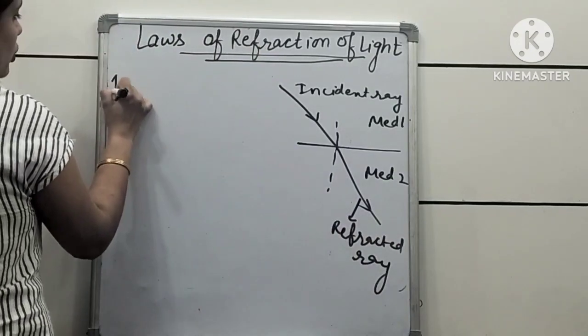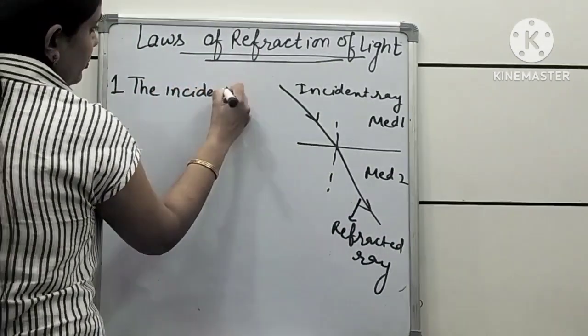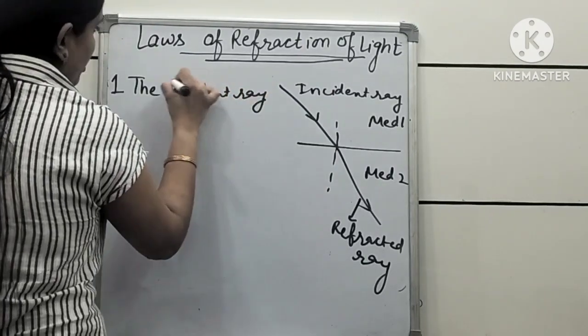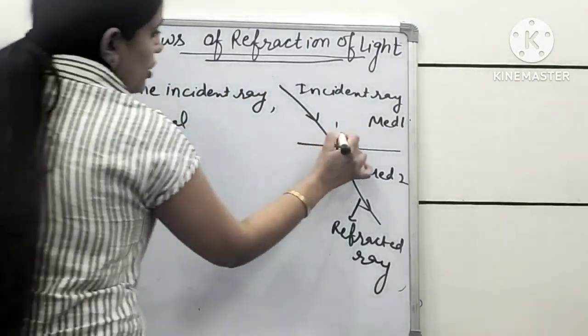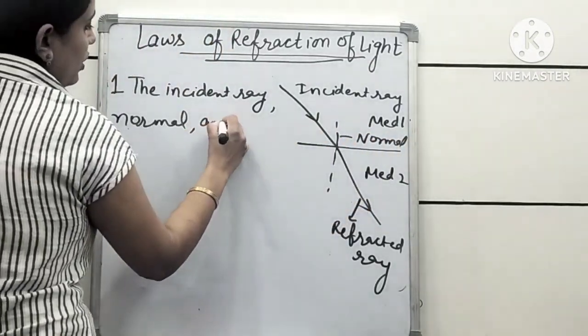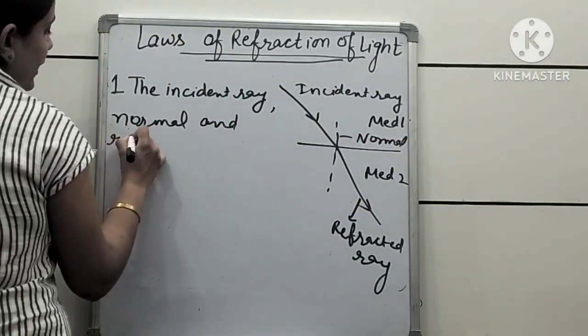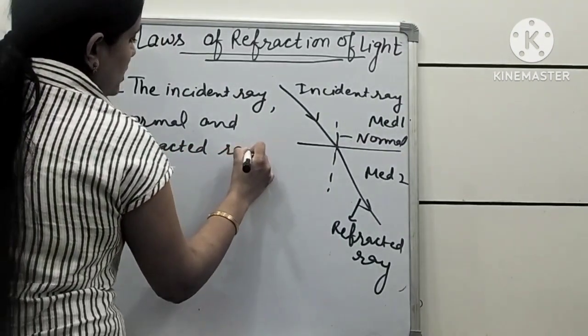So the first law: the incident ray, the normal, here is the normal, and the refracted ray all lie in the same plane.